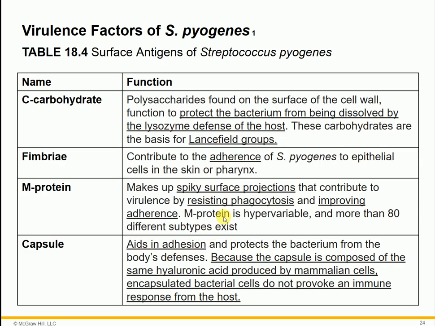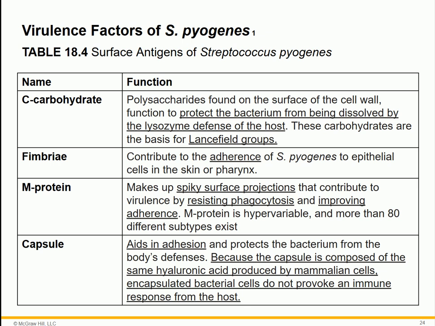And as I mentioned, some strep have the ability to make a capsule. So Streptococcus pyogenes is one of those. The capsule, as we know, protects the microbe from phagocytosis. It is sticky, so it helps in sticking to surfaces.